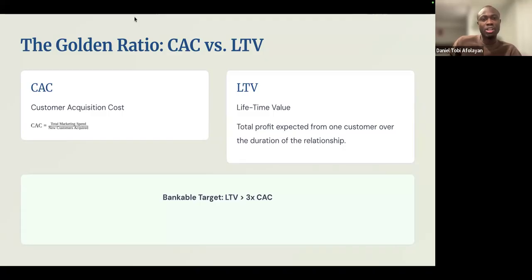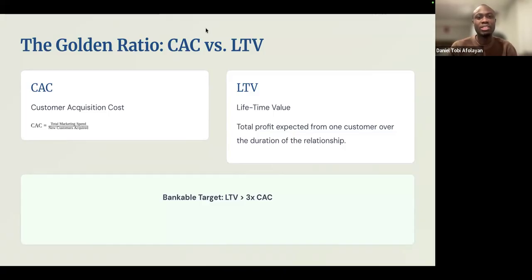I spent 50,000 naira on Facebook and Instagram advertising, and I got 100 customers. What is my customer acquisition cost? I'm waiting for your chats, people.